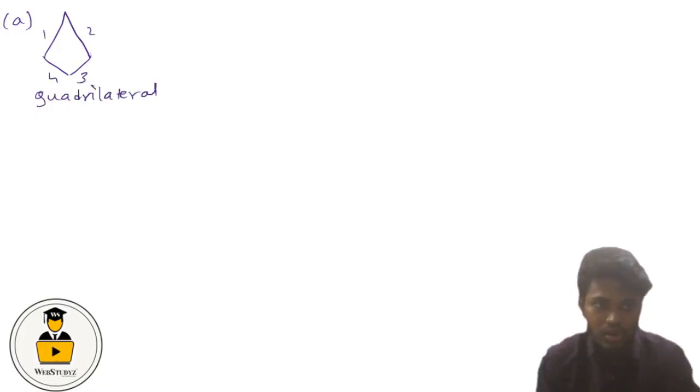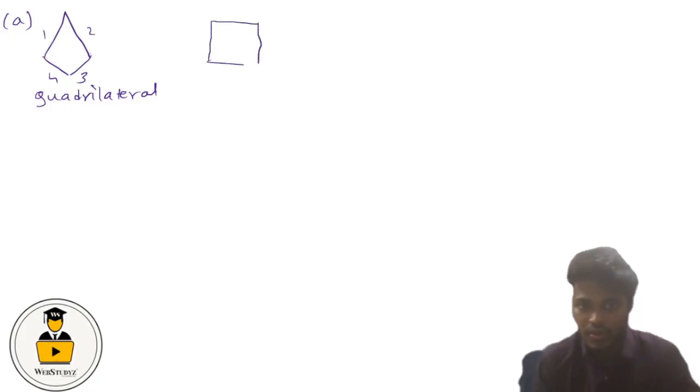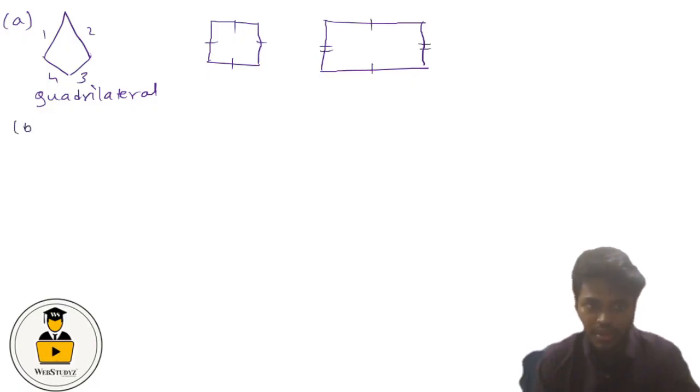And we have to draw two more examples of this. We can draw the example of a square, which has all the sides equal. So this is one example, and we can consider a rectangle as an example of a quadrilateral where opposite sides are equal.